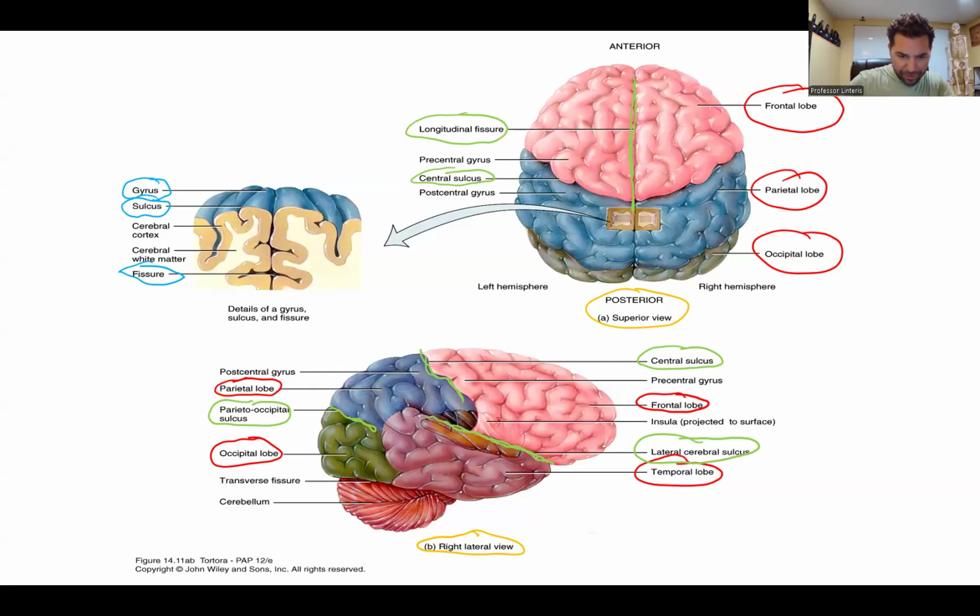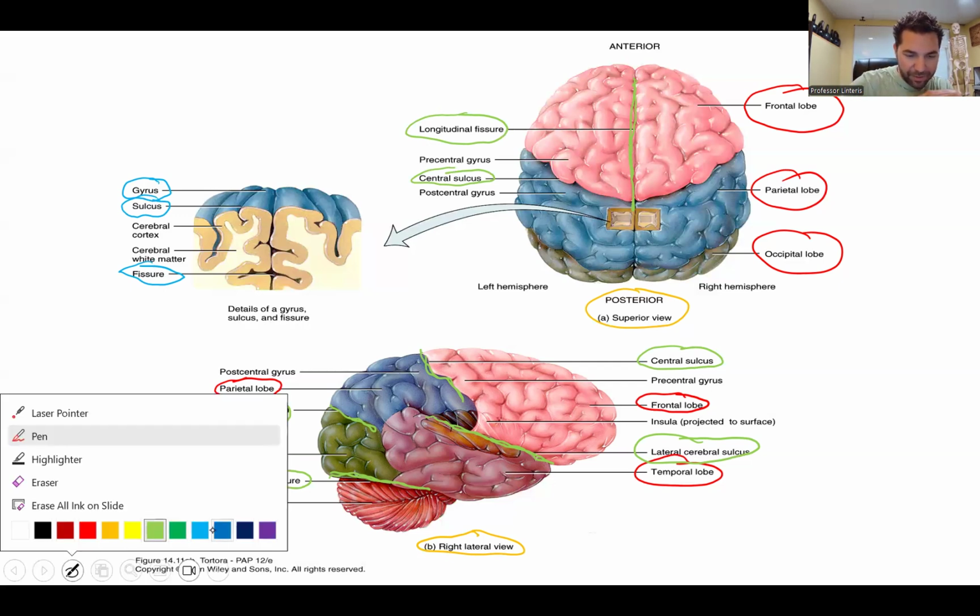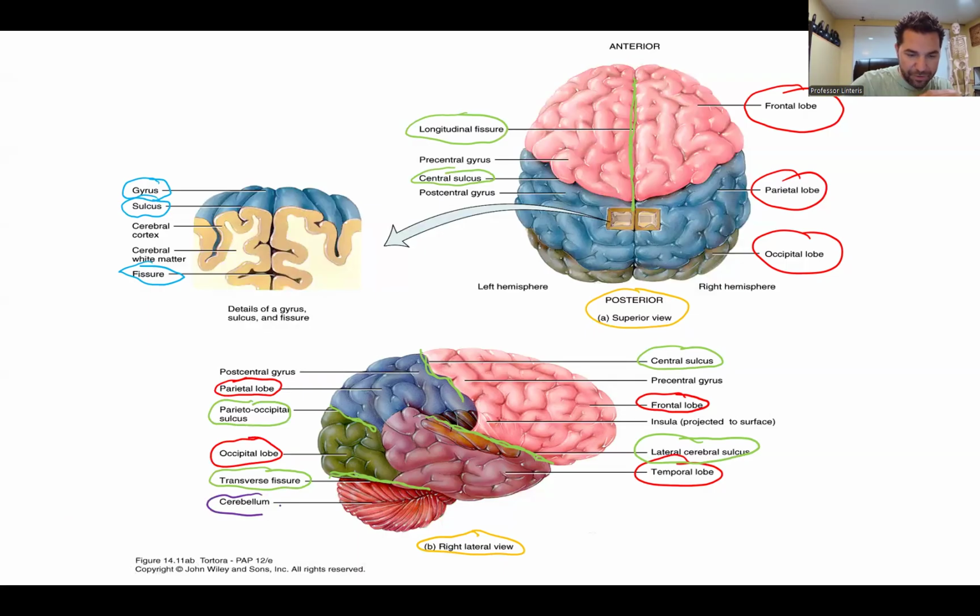We have one more fissure that separates the cerebrum, which is the big part of the brain, from some other structures called the hindbrain. This transverse fissure separates the big top part from the brainstem, or in this case, the cerebellum.